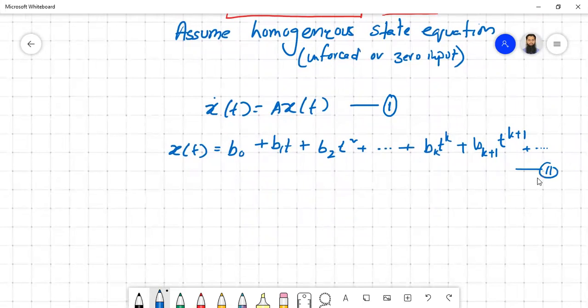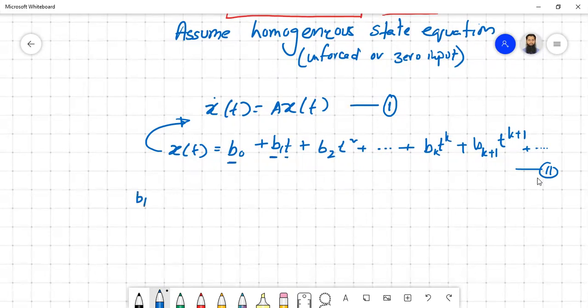Now we can substitute this x(t), that means the solution, into this equation. Let's see how it turns out. If you differentiate x, the first term is a constant, so it will vanish. The second term, the t will vanish, so B1 remains.